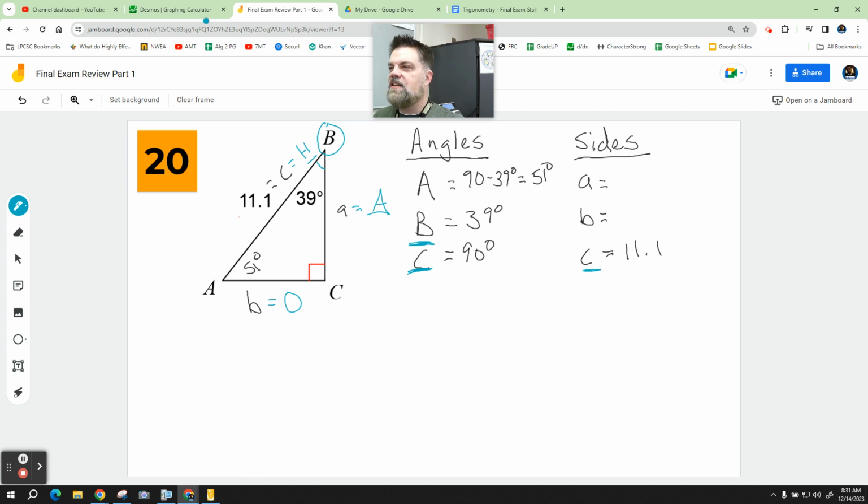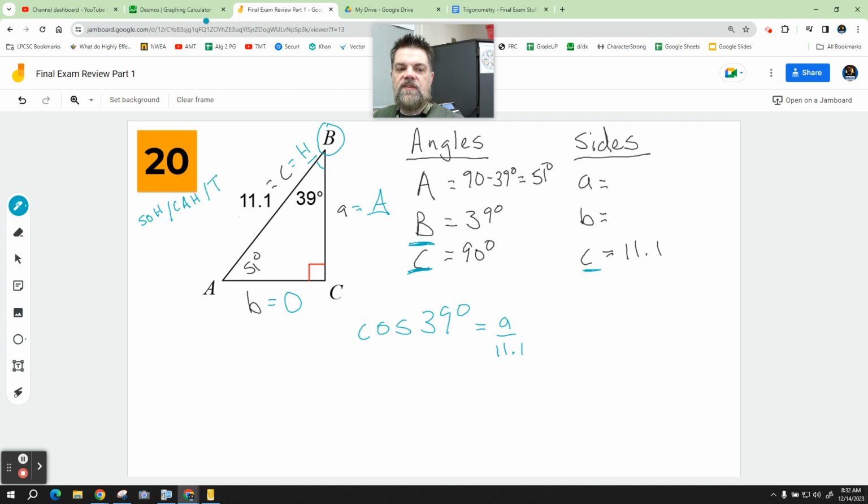Well, that's cosine, isn't it? In other words, cosine of 39 degrees is equal to the adjacent, which is lowercase a, all over the hypotenuse, which is 11.1. So this all goes back to SOHCAHTOA.